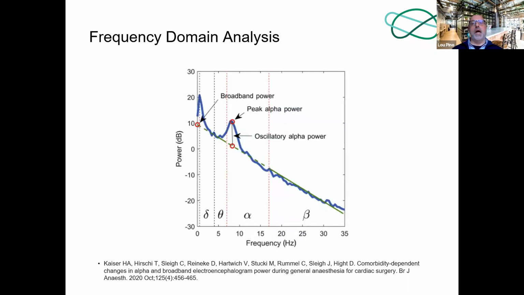So next I want to talk about frequency domain analysis. Here's an example, and it's calculated using fast Fourier transform. However, convolution with wavelets can also be used and is commonly used. This is still a very popular method of analysis because there's a lot of literature that associates the frequency and amplitude of oscillations with different brain activity.